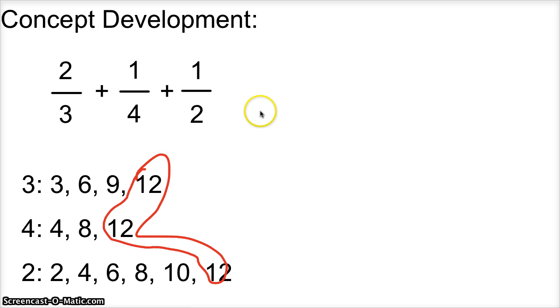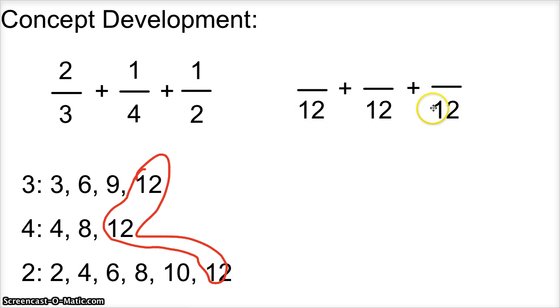So I'm going to write 3 fractions in a row, all with 12's as the denominator since they have that in common. Now I just need to look at each fraction and see how did I get from 3 to 12? What do I multiply that by? Well, I can also just look here. 1, 2, 3, 4 times. 3 times 4, so do the same thing to the top. 2 times 4 equals 8.